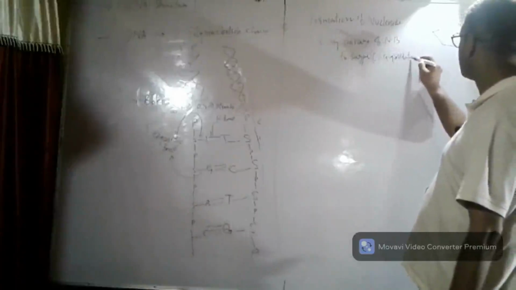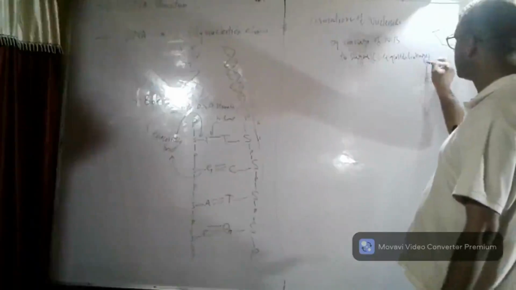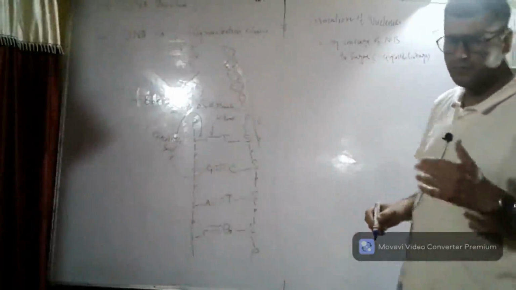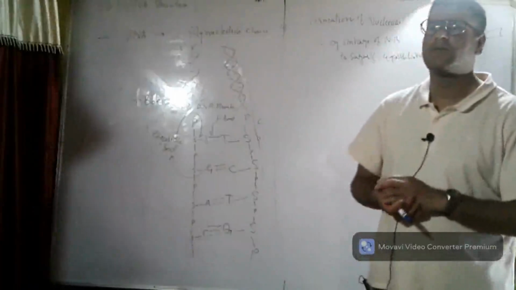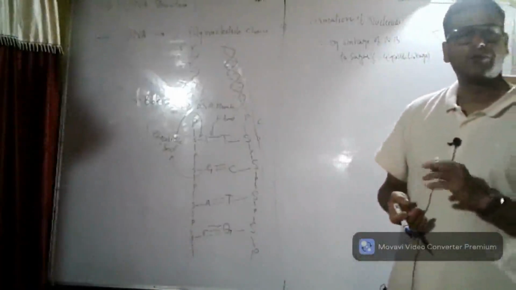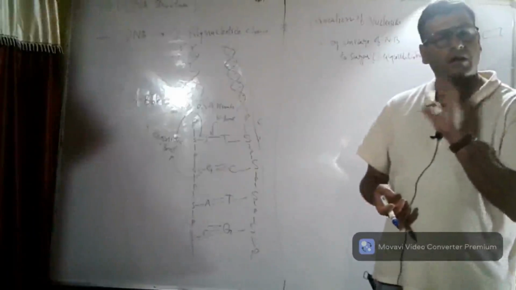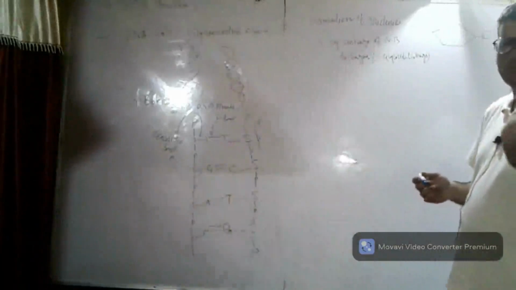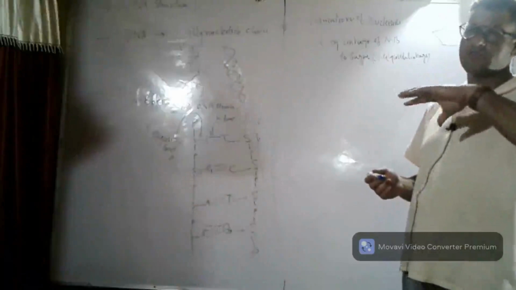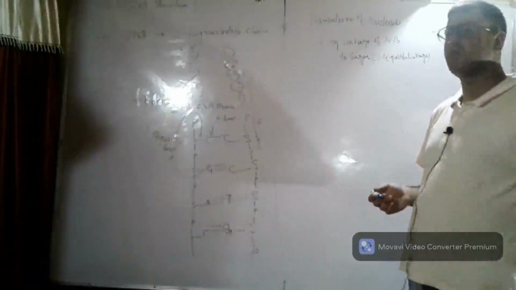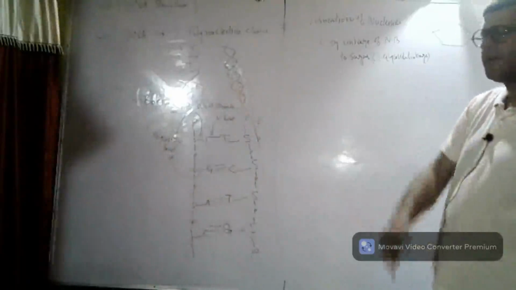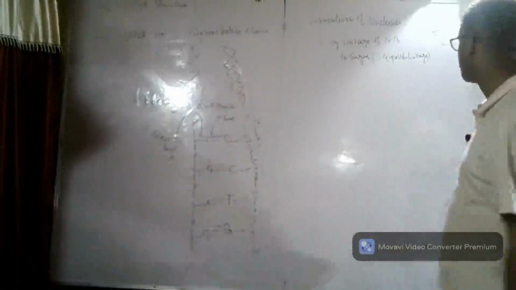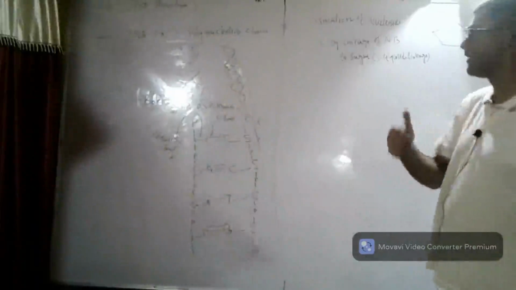Actually, in case of purines, it is the nitrogen present at the 9th position that has bonding with the carbon first of the sugar. Same is the case with the nitrogen present at the first position of the pyrimidine, which has bonding with the carbon first of the sugar. So we sometimes use the term N-glycosidic linkage.